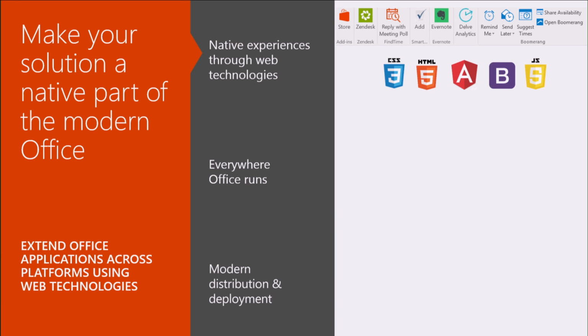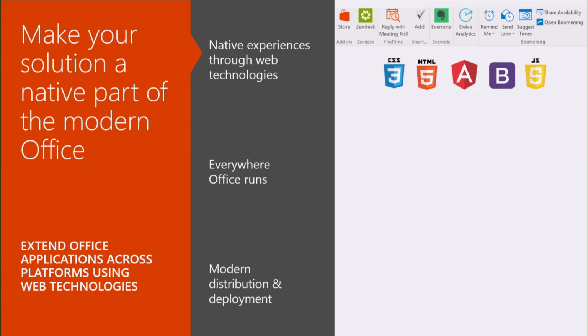Just to give you a very quick overview about the goals of the new web add-in framework, there are three main benefits and goals that we expect to provide. The first one is we're betting on the web as a development platform. What this means is that these new web Office add-ins are developed using standard web technologies like HTML, JavaScript, CSS.